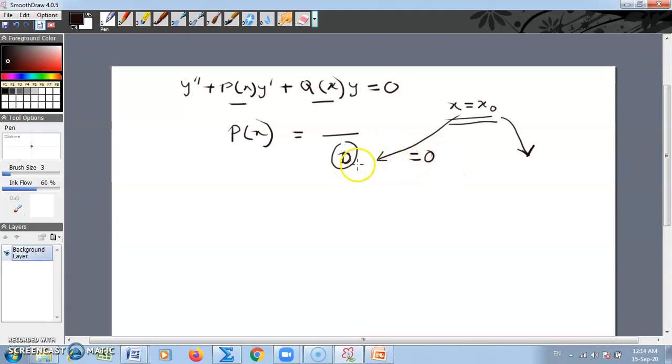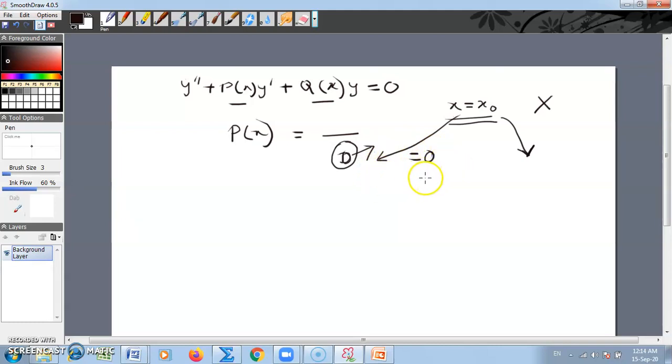Once again, an ordinary point is the one for which x is equal to x naught does not give a 0 denominator. But if at x is equal to x naught this denominator gives me a 0 value, then it's not ordinary but singular.